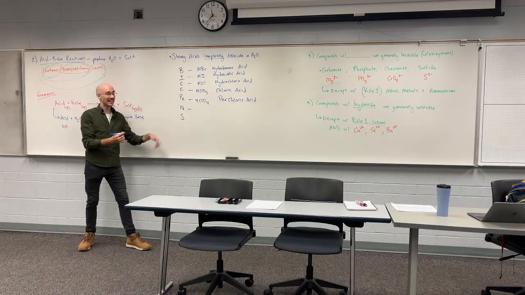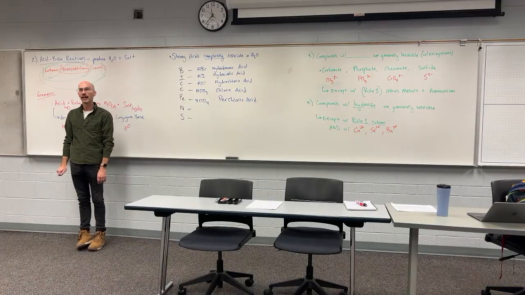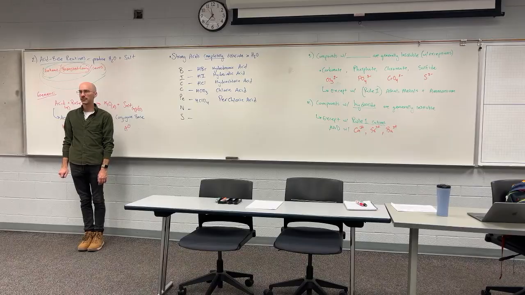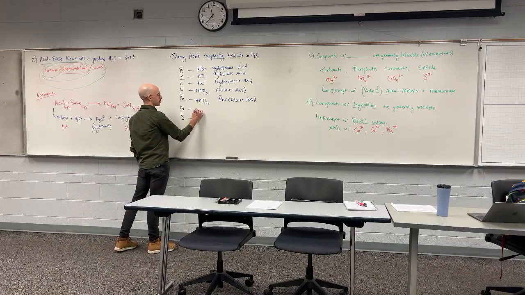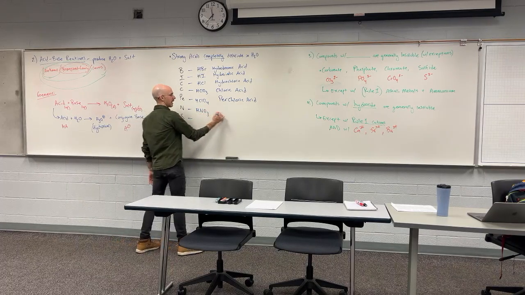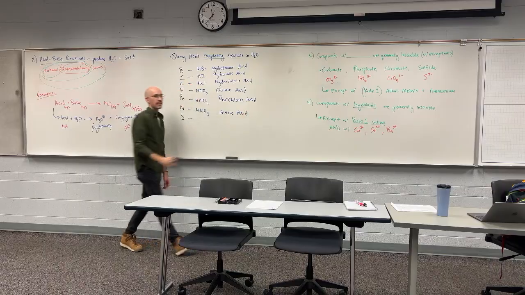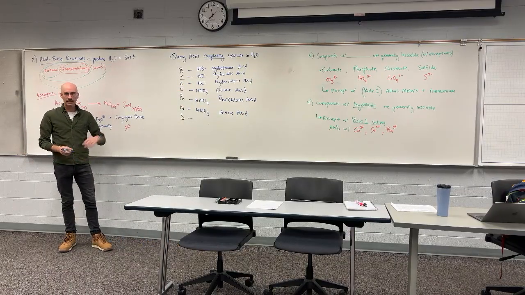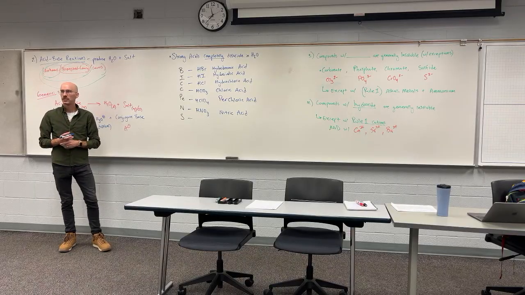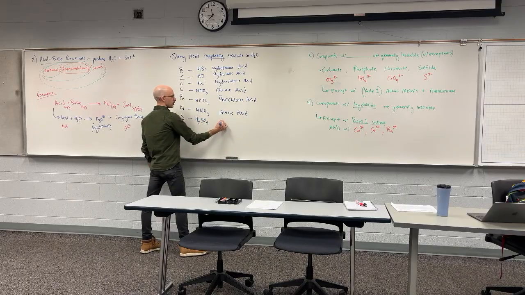Okay, now N and S, they actually do remind us of our elements again. Any guesses for N? Nitrogen. Nitric acid, HNO3. Not nitrous acid. And S? Sulfuric acid, H2SO4.